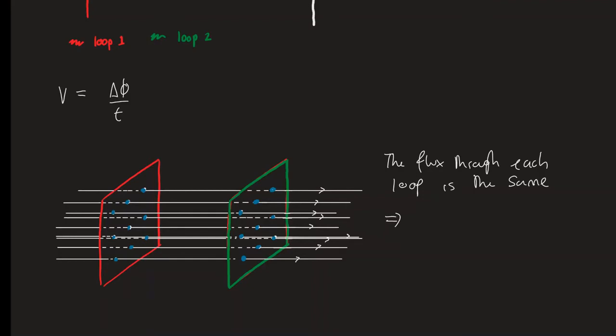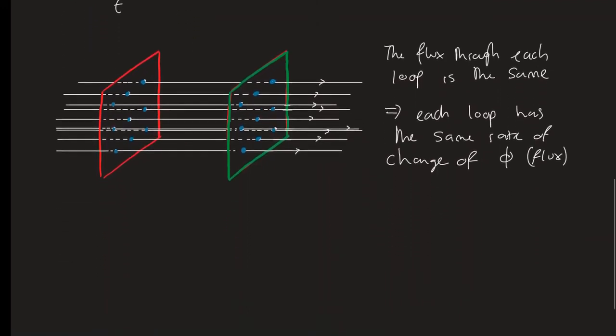If one of them loses a field line or some amount of flux in 1 second, then each loop lost that field line. So they have the same rate of change of flux. Each loop has the same rate of change of flux, phi.